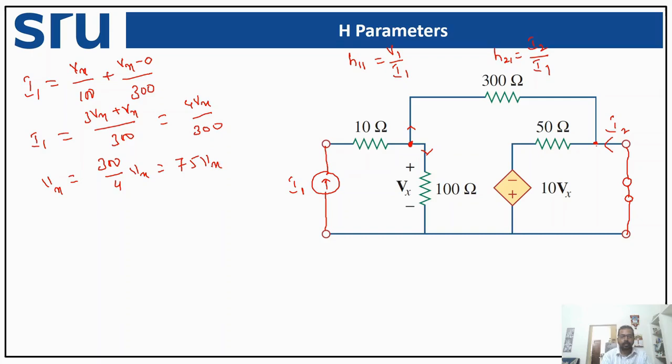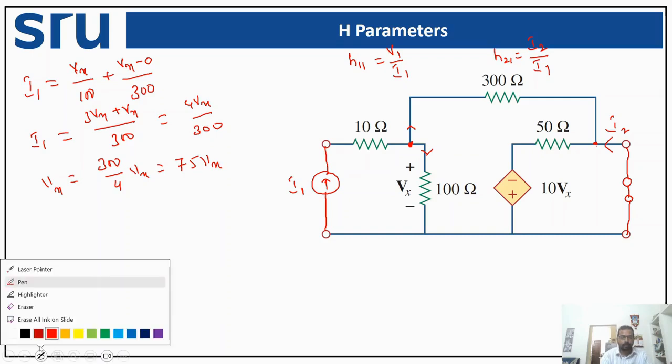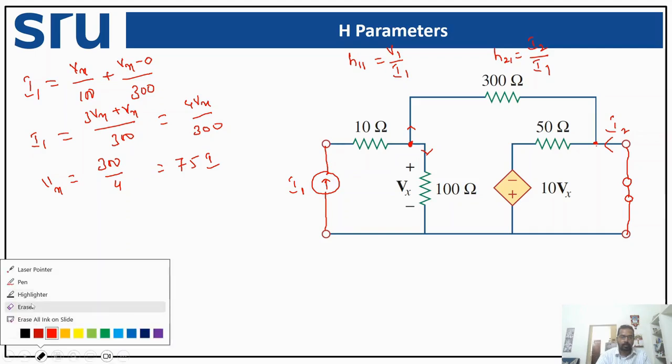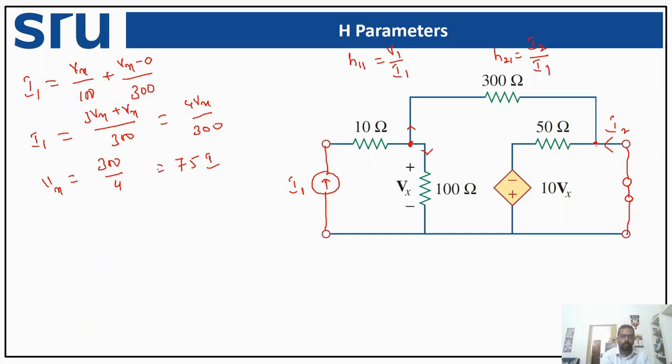Okay, sorry, 75 I1. It is 75 I1. Okay, let us assume this is equation 1.